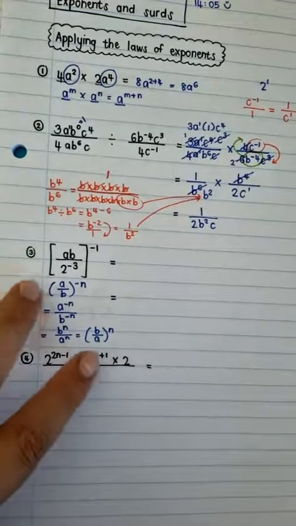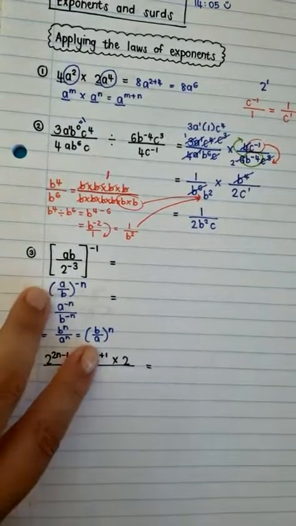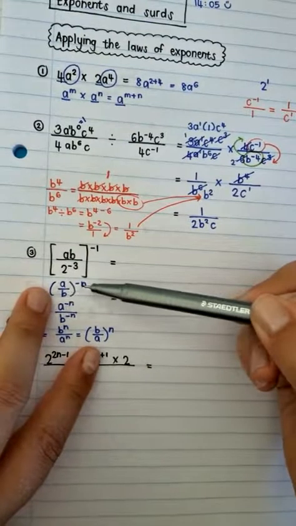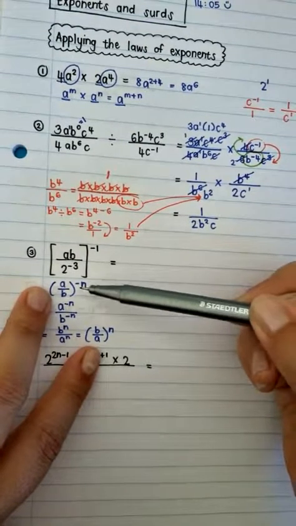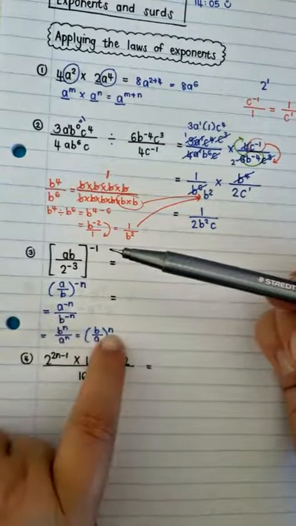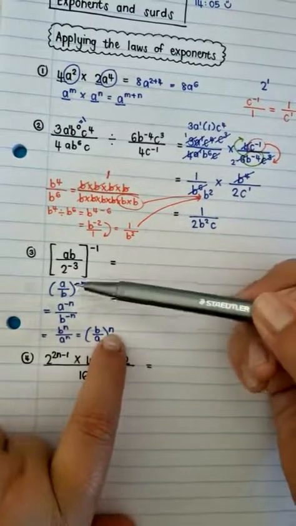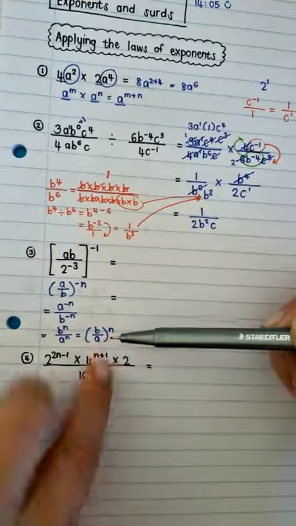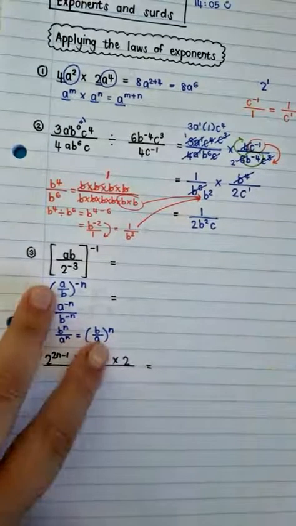What I'm trying to actually show you here is that if we look at the first step, we have a fraction to the power of a negative exponent. That is actually the same as when we tip that fraction to the power of a positive exponent. That same exponent, which was negative n, now becomes positive n. Alright, so that is a law. You might not have it in your books.